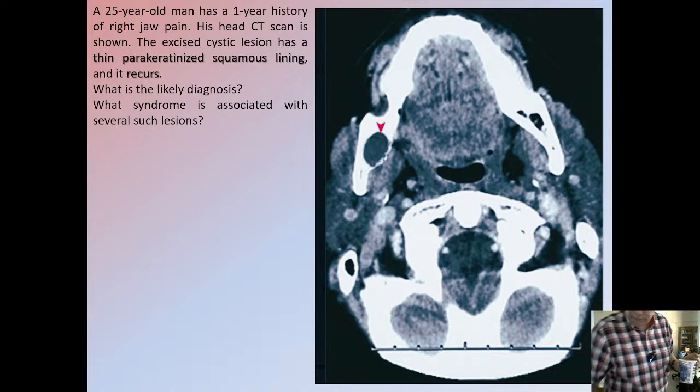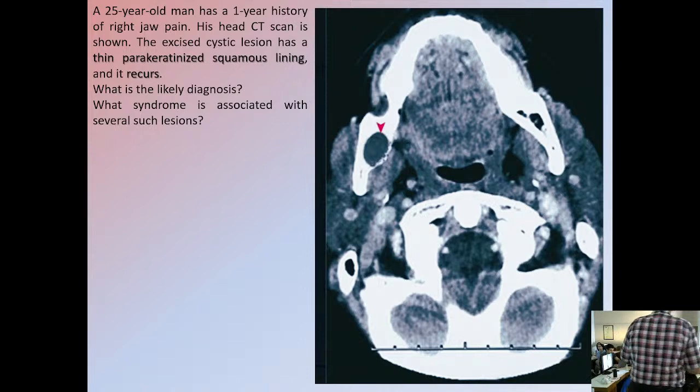Now, have a look here. Where is this lesion located? The patient had a 1-year history of right jaw pain. And you remove this lesion, and this is a lesion that is locally destructive.